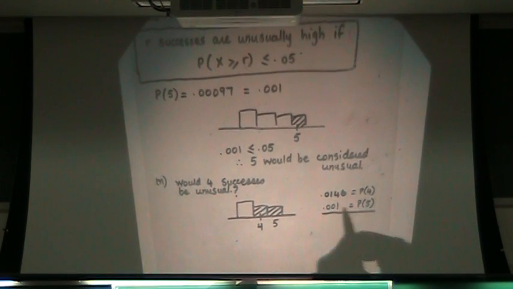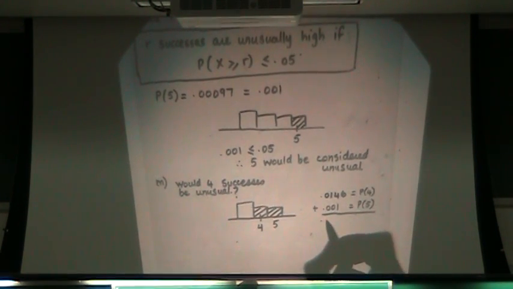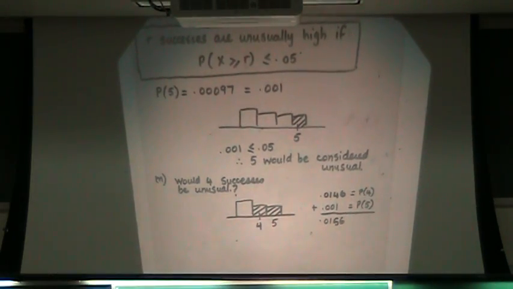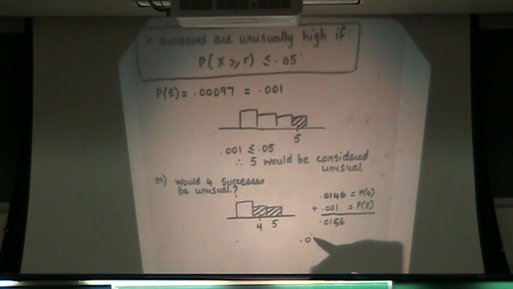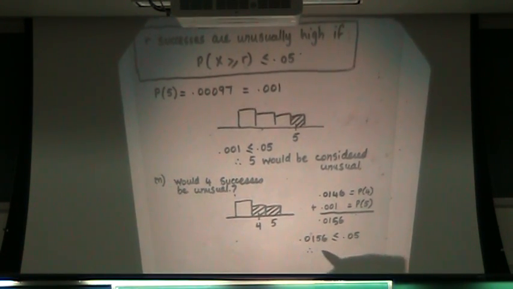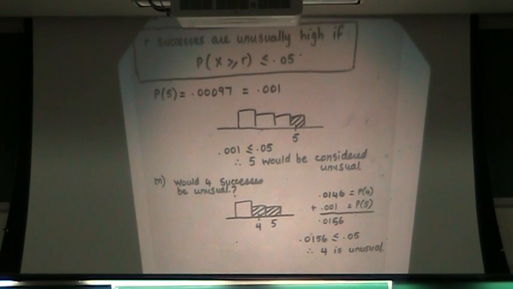So when I add these together, I get 0.0156, which of course is smaller than 0.05. Therefore, even 4 is unusual. Are you getting me? Are you following me?